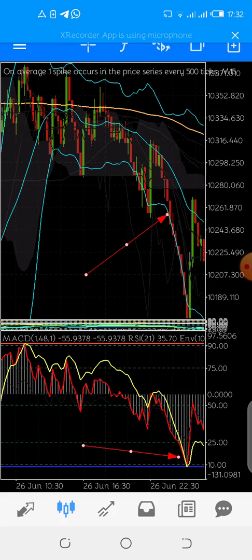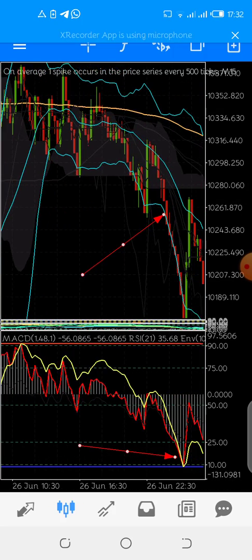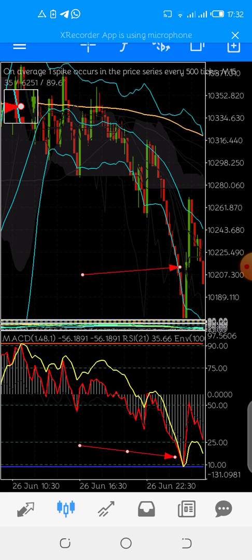Okay, so you see, as much as it is only two spikes, it is two massive spikes. Also note this: if the moving average is on top of us and our reversal is where the moving average was, then it means the market could be heading in the general direction, which is a downtrend.